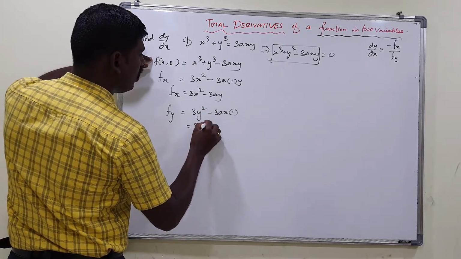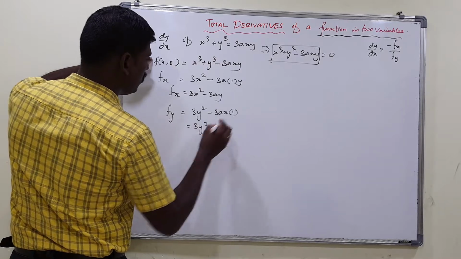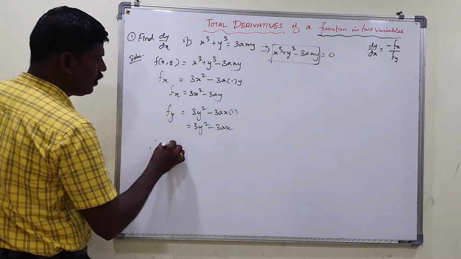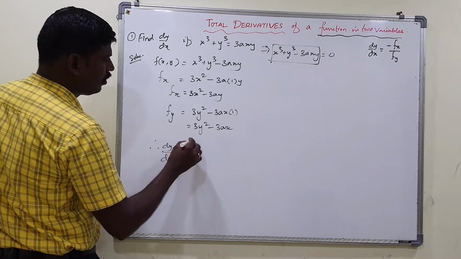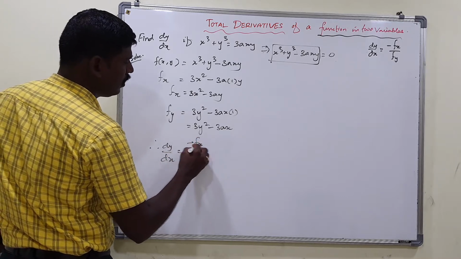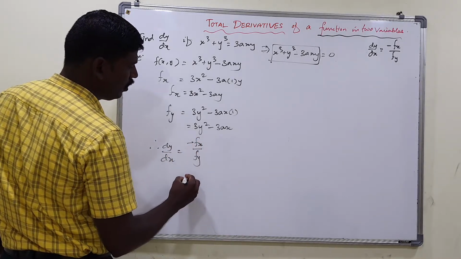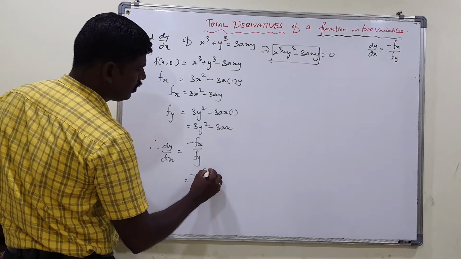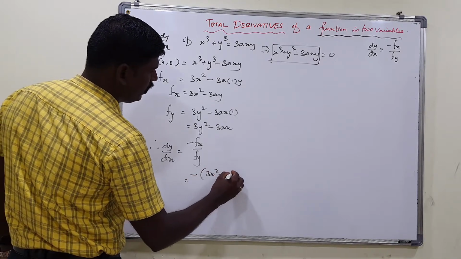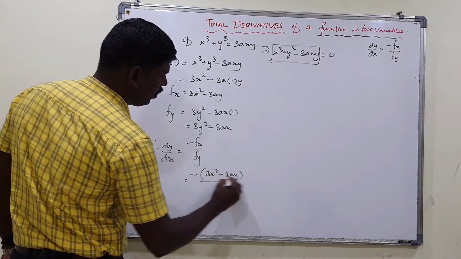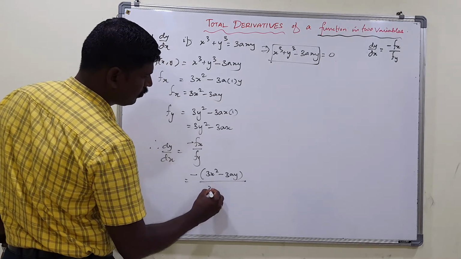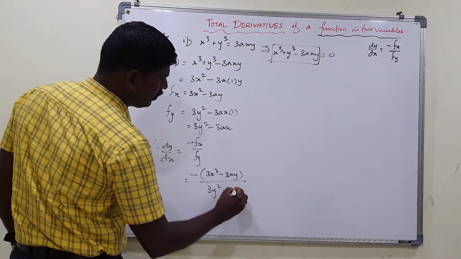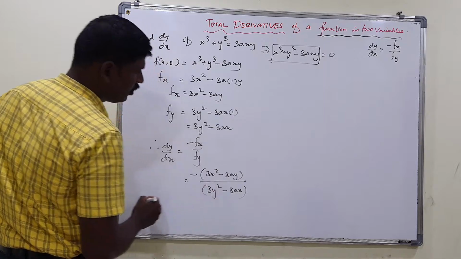So 3y square minus 3ax. Therefore, what is dy by dx? Minus fx by fy, that is minus (3x square minus 3ay) by (3y square minus 3ax). Okay, that's all.